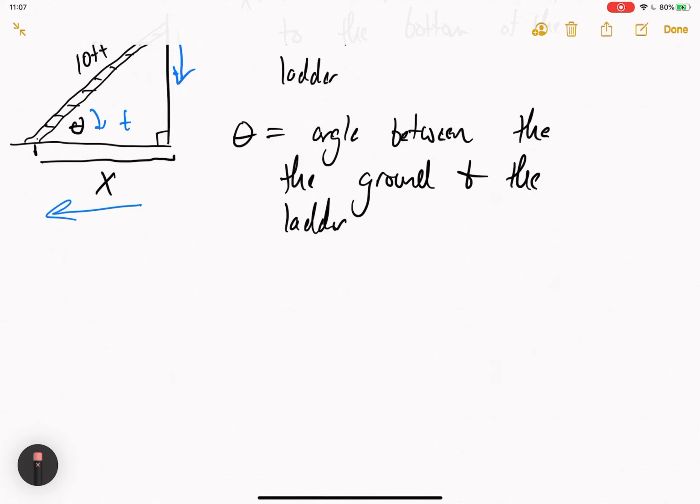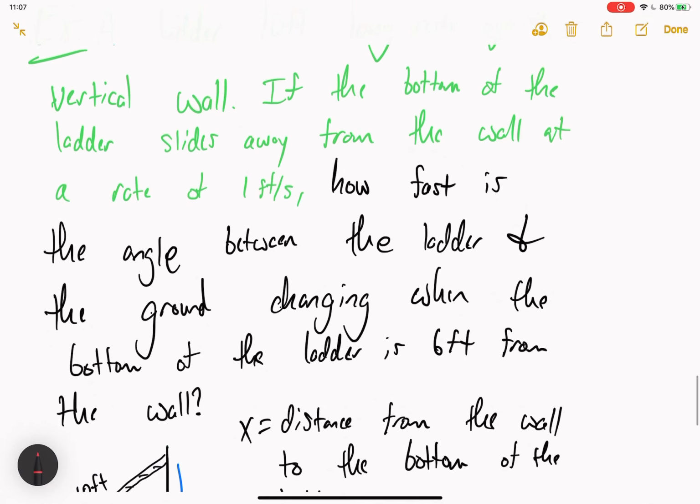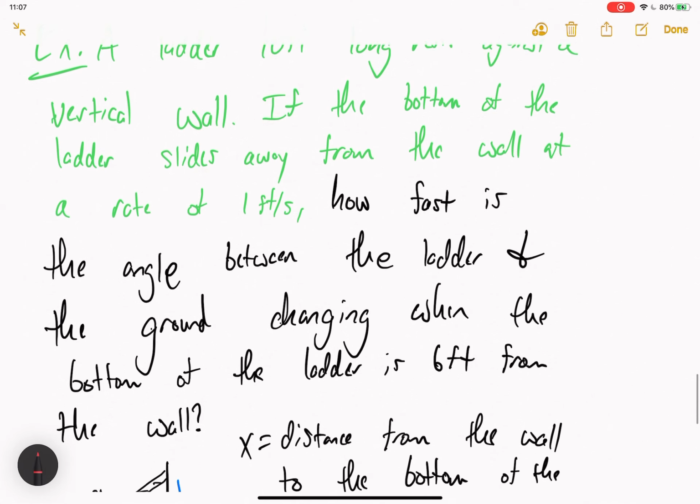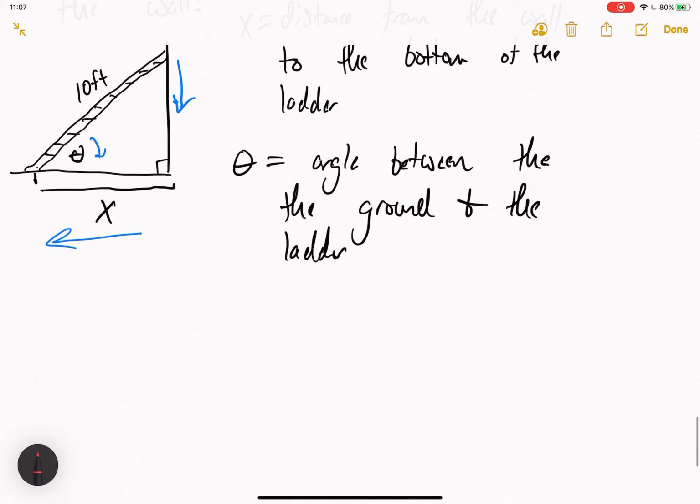So again, we need to talk about our variables. Our given information is that the bottom of the ladder slides away from the wall at a rate of 1 foot per second. The distance between the bottom of the ladder and the wall we said was x. So that tells us dx dt is equal to 1 foot per second.